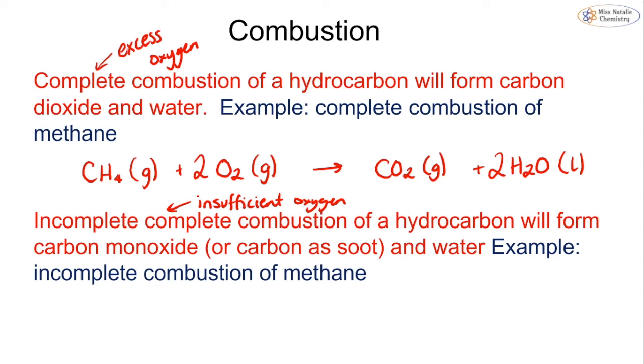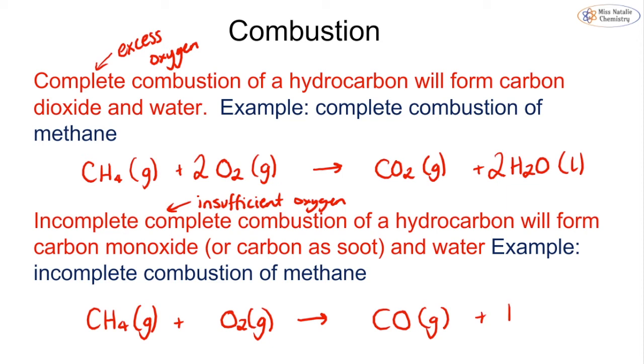It's just that we went from carbon dioxide to carbon monoxide. And again, we can write an equation for this. So I've got CH4, which is a gas, plus the O2. And then this time I'm going to make CO, which is a gas, and then H2O, which is a liquid.